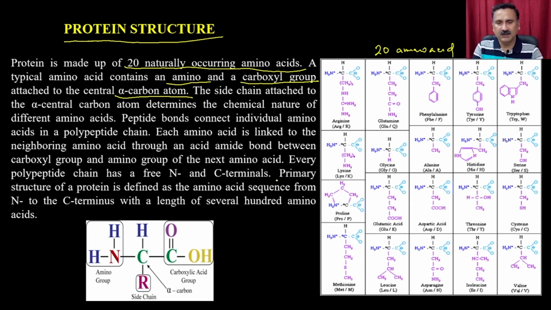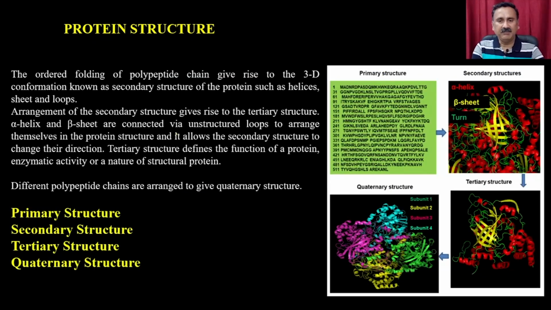The primary structure of a protein is defined as the amino acid sequence from the N to the C terminus, with a length of several hundred amino acids. The primary structure is folded into the secondary structure, and then the secondary structure is folded into a tertiary structure.